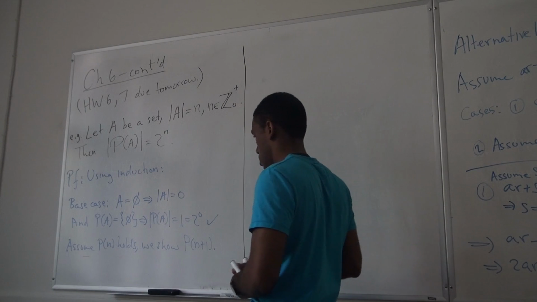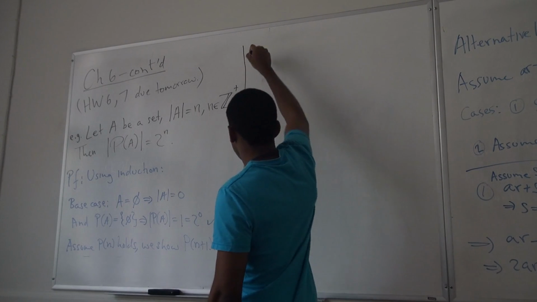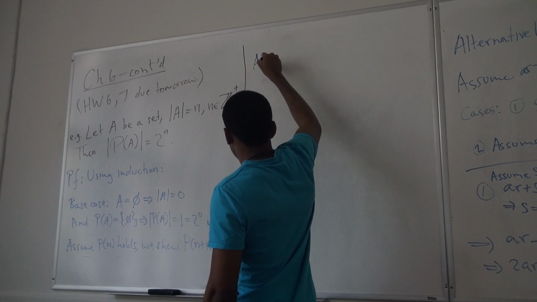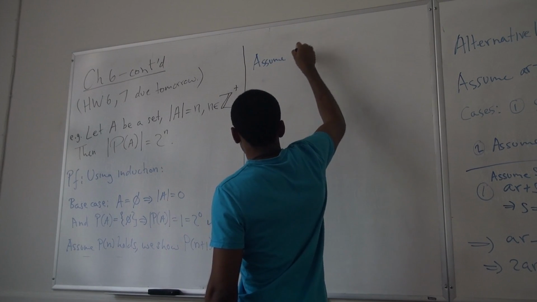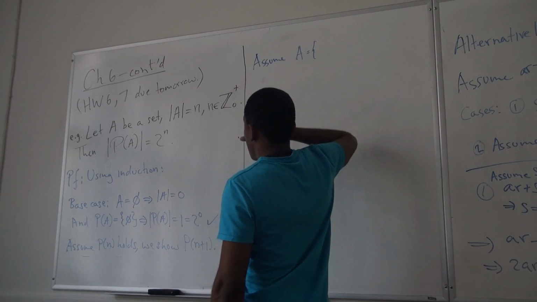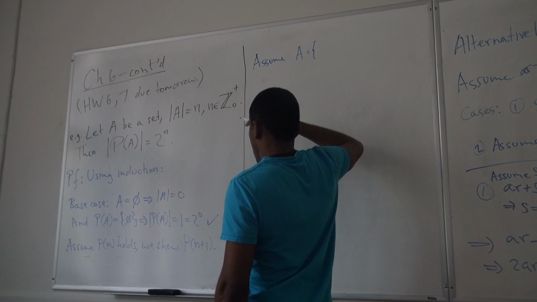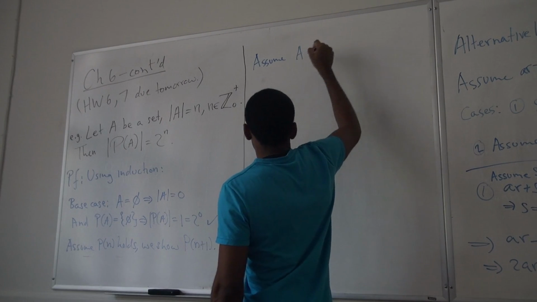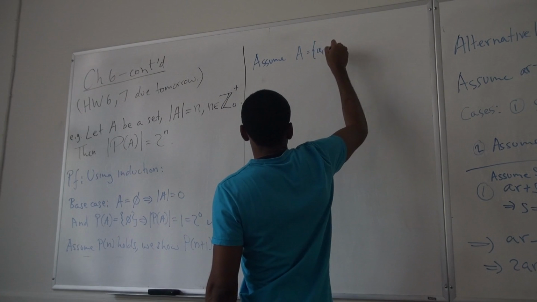So we want to show that the size of P(A) for A of size n plus 1 is equal to 2 to the n plus 1. Right, that's what we want to show. So we're going to say that it's twice 2 to the n.